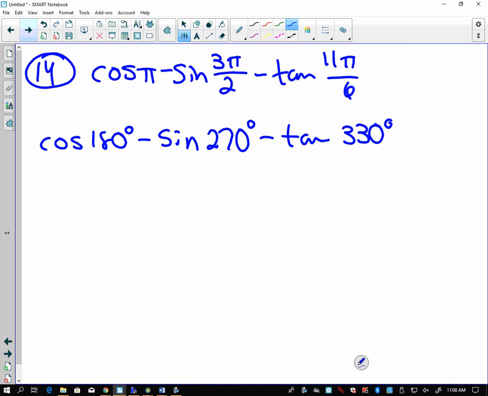All right, and they say don't use a calculator, and we shouldn't have to. Cosine 180. 180 degrees is showing up here. What is the x value at that position? -1. Cosine represents the x value, right?